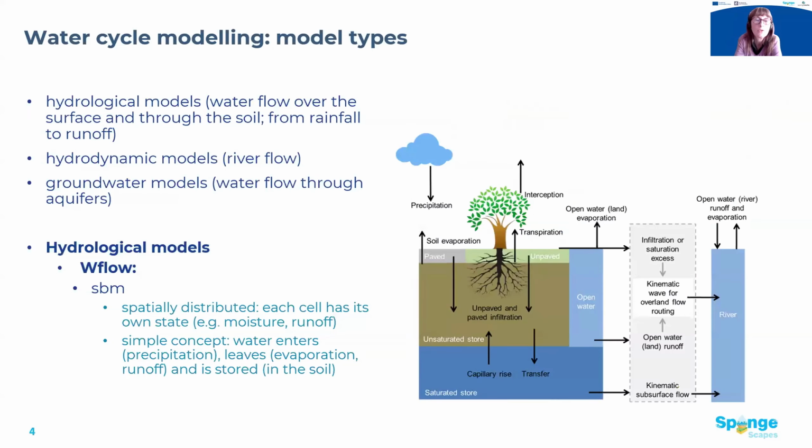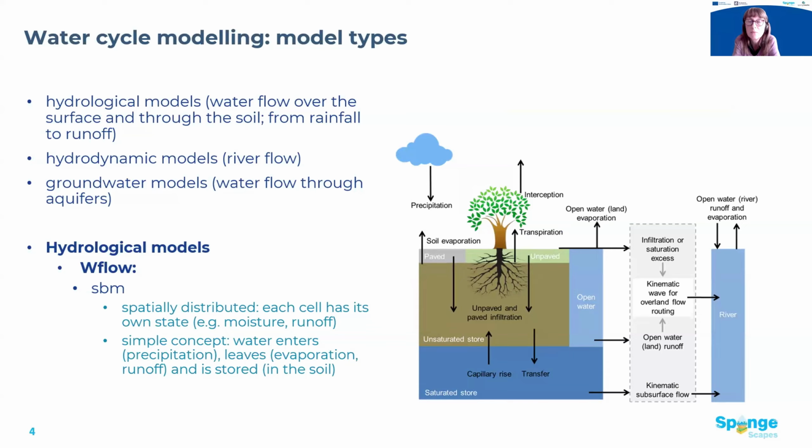So if we continue with model types, Christopher already explained the model types. I would just like to emphasize the three main model types. These are hydrological, hydrodynamic, and groundwater models. We decided to implement WFlow, which is a hydrological model, and it has several configurations.